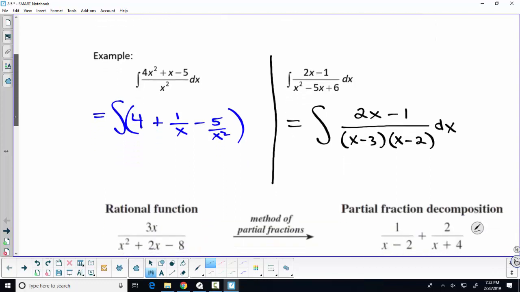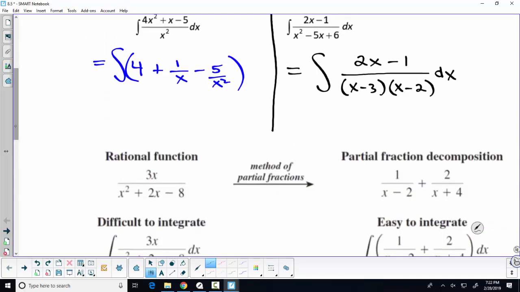We're going to start looking at, does the denominator factor? If it does, how does it factor? Depending on how the denominator factors, if you look at that handout, will determine how we start to set up and find the partial fraction decomposition.